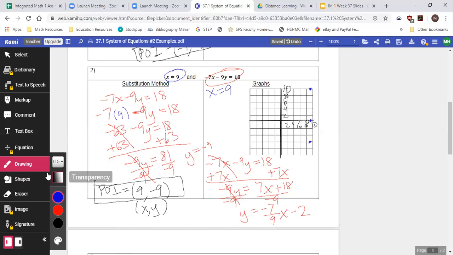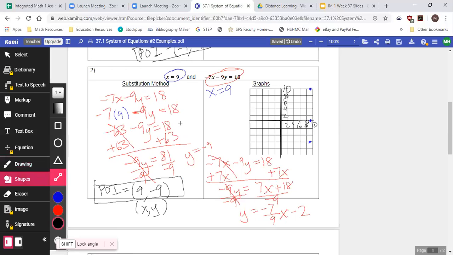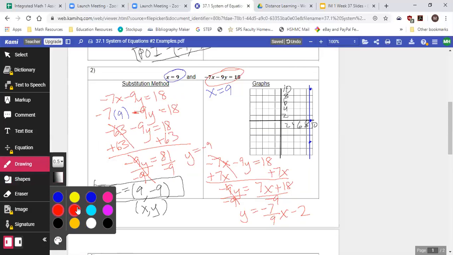And then you can graph your line. And that will be the wrong color. So there's my line.